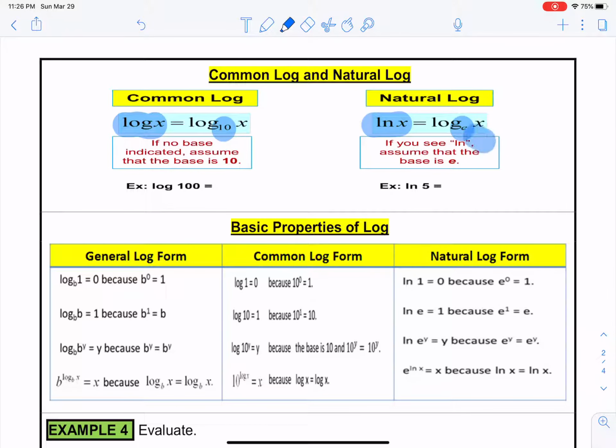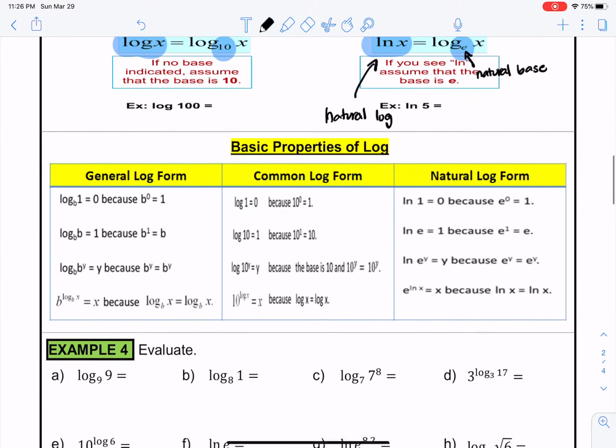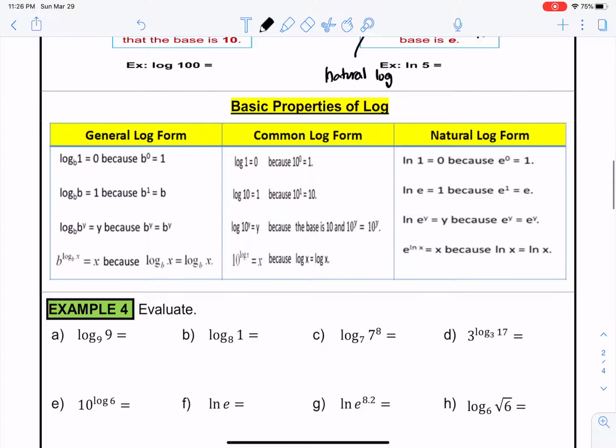We know that e is the natural base, hence ln is called the natural log. So there isn't much of a difference. It's a matter of convenience, and in mathematics we use natural logs more often than we would use base 10 log.